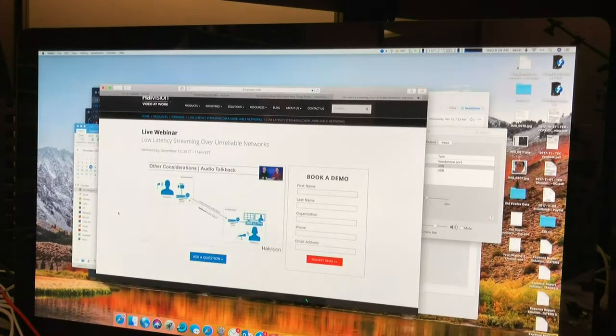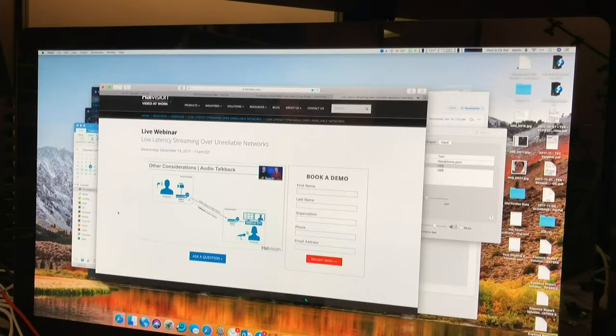Sure. So it goes back to that use case we talked about. You have talent in the field talking to a director or a central production facility. The talent is speaking, but the director may want to give direction either to the cameraman or the talent themselves.